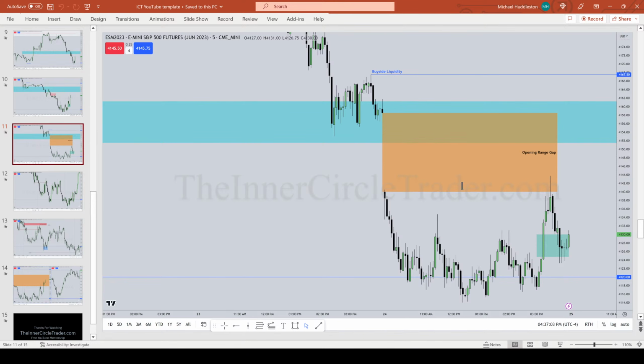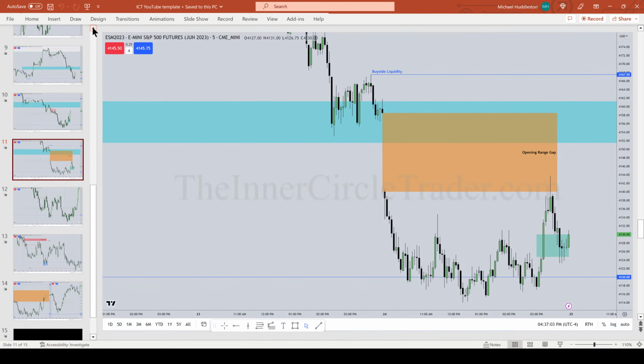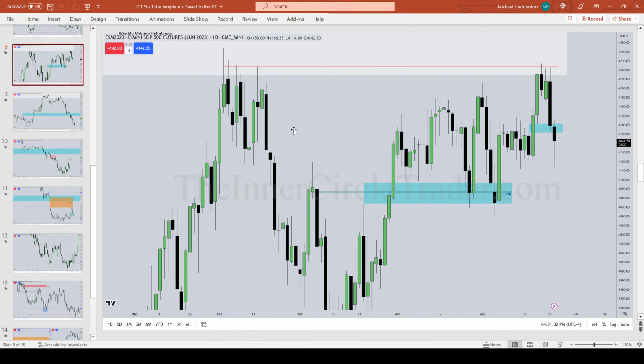Now, let's assume for a moment that it trades up and hits that, closes it in, and then we start to fall again. Dollar would have to be going higher. And if that's the case, then we'll be looking for these lows here to be taken out. These relative equal lows on the S&P.